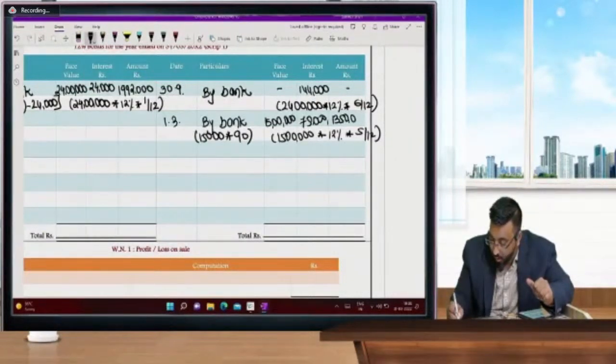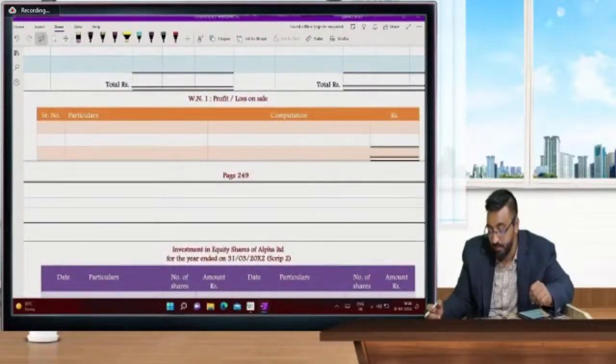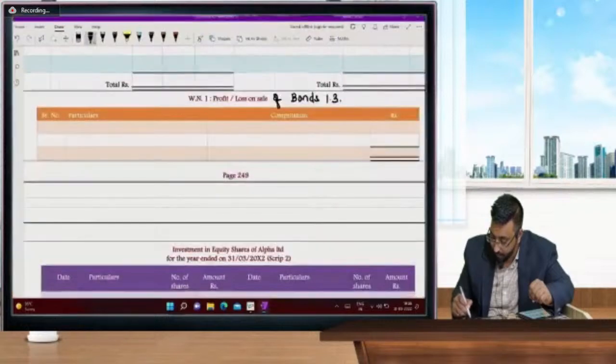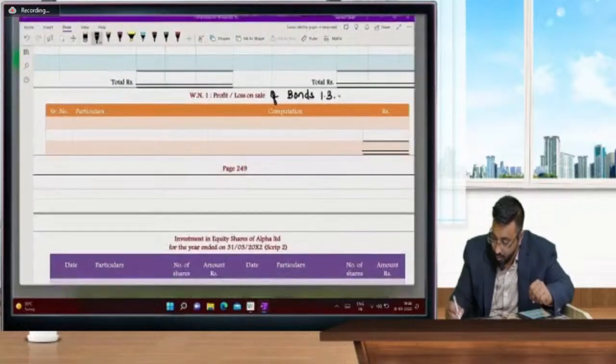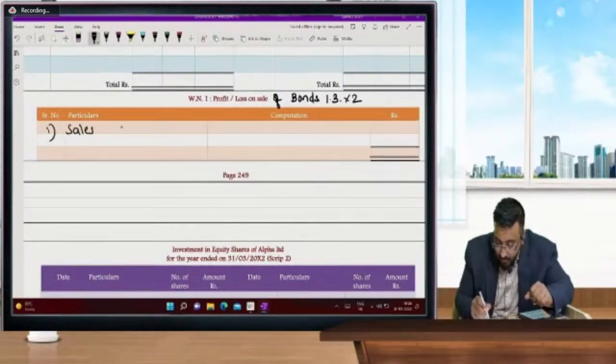Immediately, working note. Serial number, particulars, computation, rupees. Profit or loss on sale of bonds or debentures? Bonds. Date 1st March. Serial number, particulars, computation, rupees. Roman 1 sales. Sales value as above.